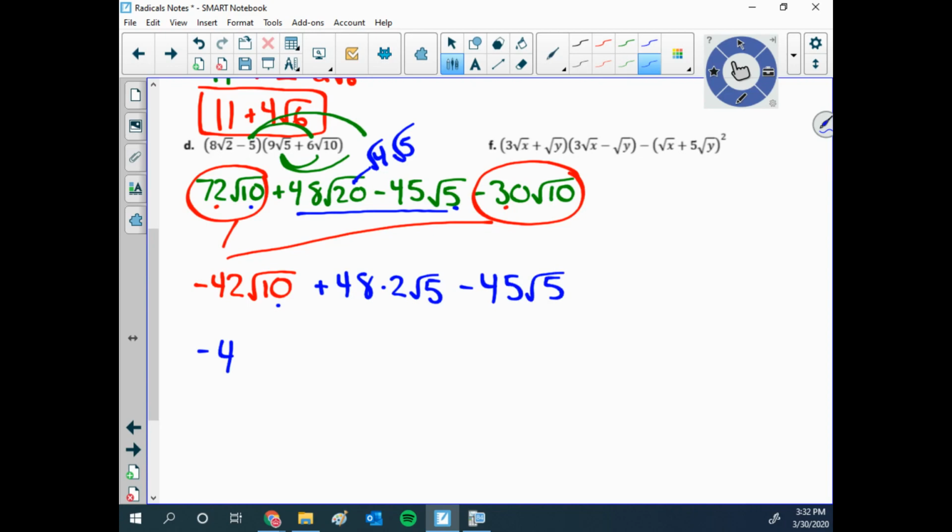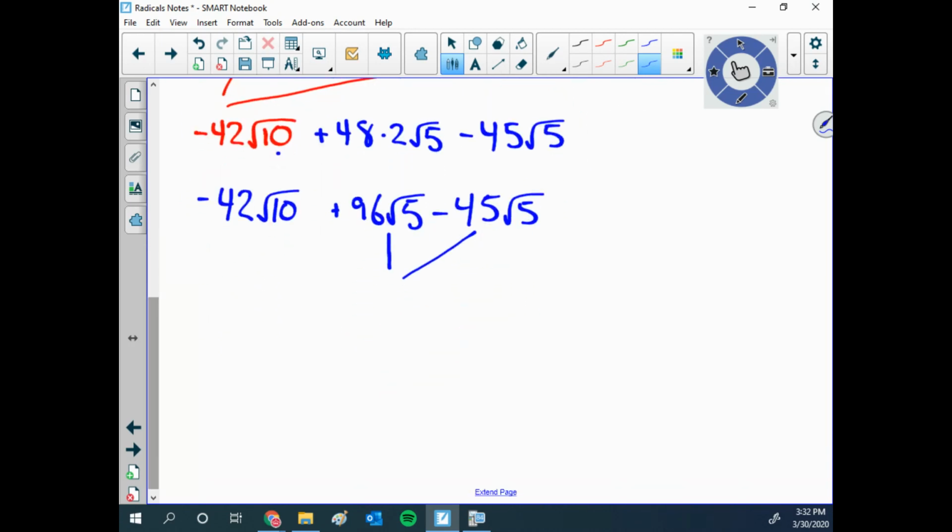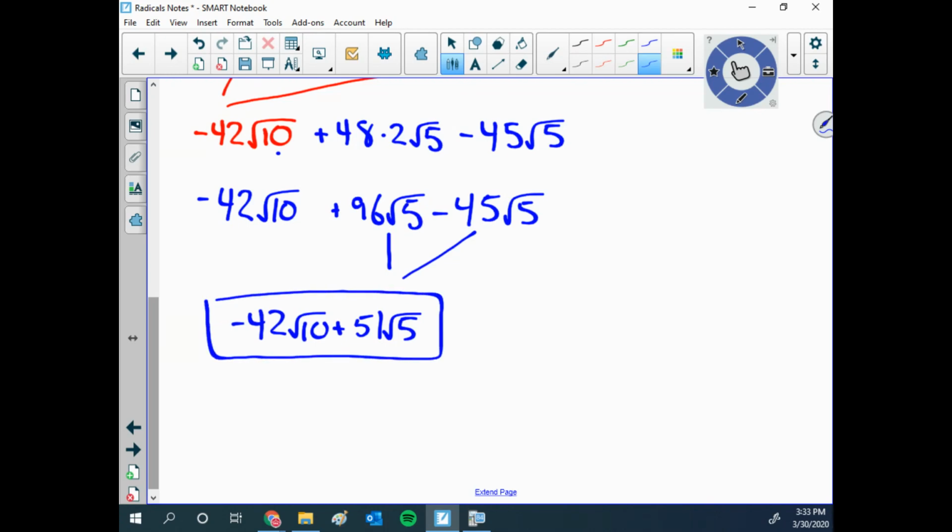I'll bring this other term down, which I'm not touching, and simplify this. 48 times 2 gives me 96 root 5 minus 45 root 5, and combining like terms, 96 minus 45 is 51 root 5. The other term just stays as is, and that would be a positive number. Okay, there's my final answer.